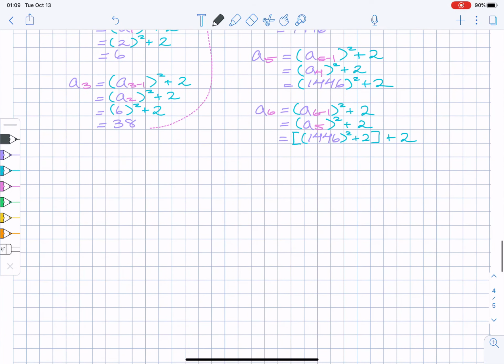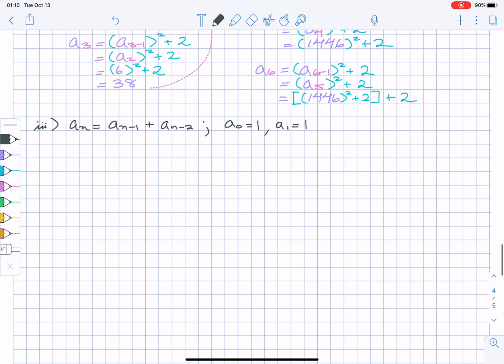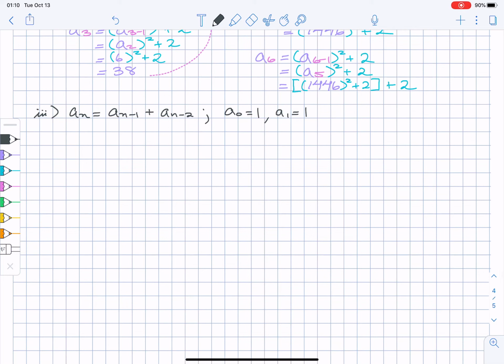Okay, so number 3. So let's say we have that a sub n is given as a sub n minus 1 plus a sub n minus 2, and we're given that a naught, or initial, is 1, and a sub 1 is also 1. So in this case, we're starting the sequence at 0, and that's perfectly fine as long as we note it.